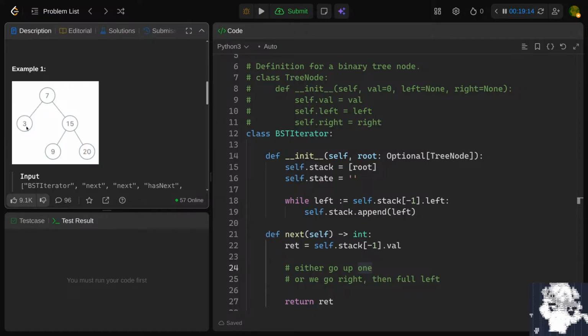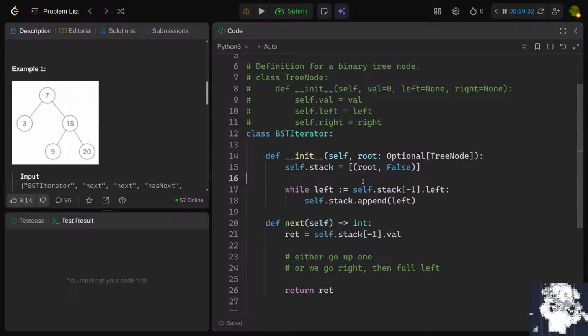So for each node we need to remember, have you been left or not? So we'll say false.